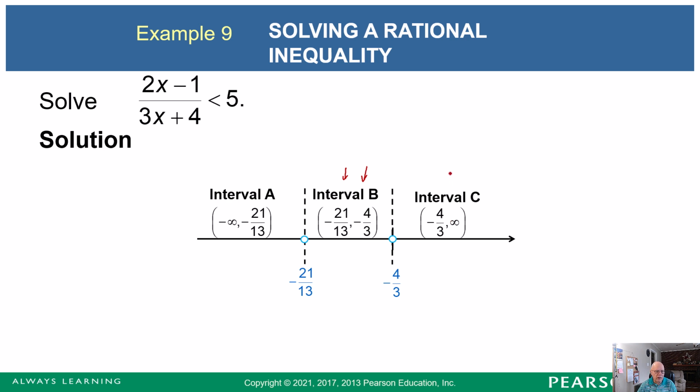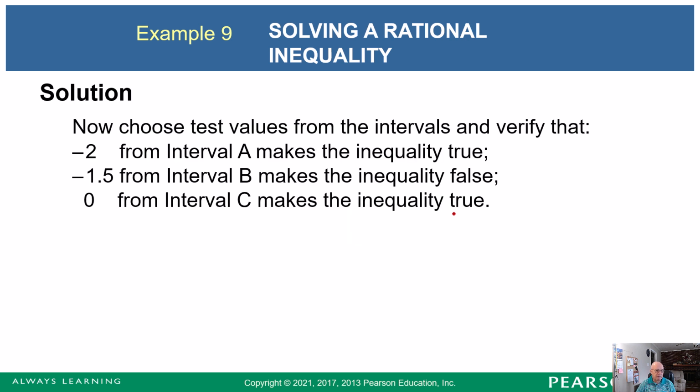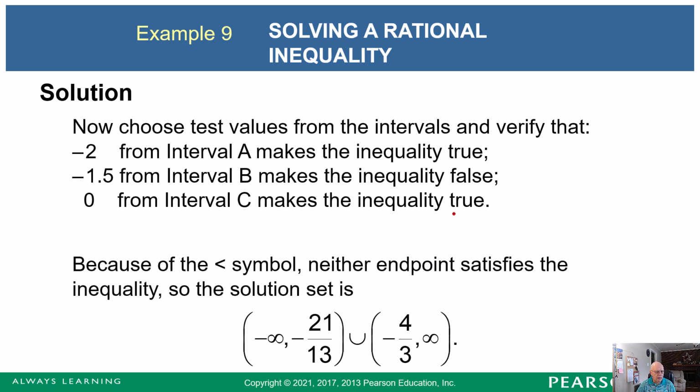I would probably go with this one because I'm going to end up with either A and C or just B. So I'd use the one that has a 0. We'll see what they do. So the solution set won't include either one because you got the less than symbol.